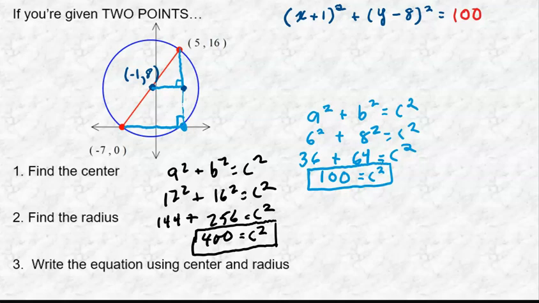Okay, let's talk about some stuff here. This red line, from this point to this point, is the diameter. Now, the radius is this line here. The radius is half of the diameter. Or in other words, you can write something like 1/2 d equals r.